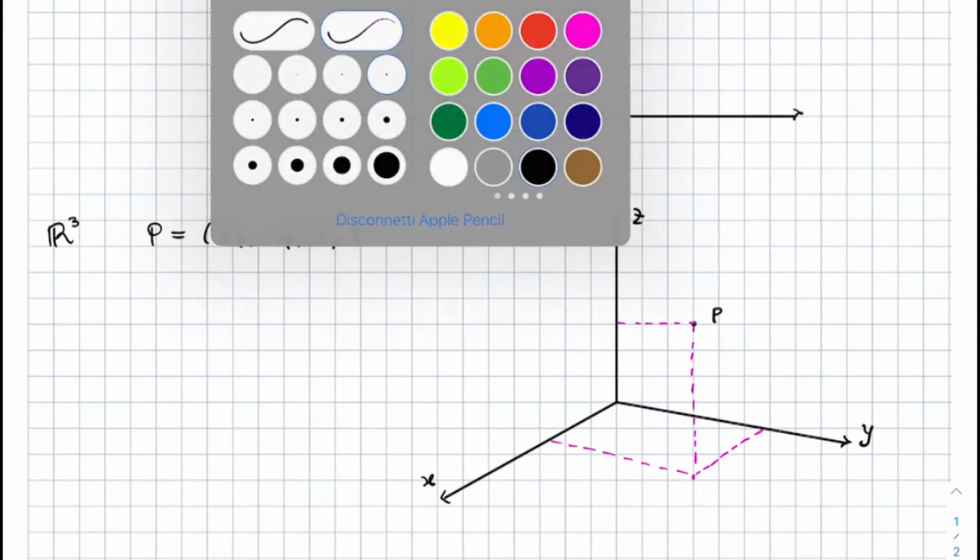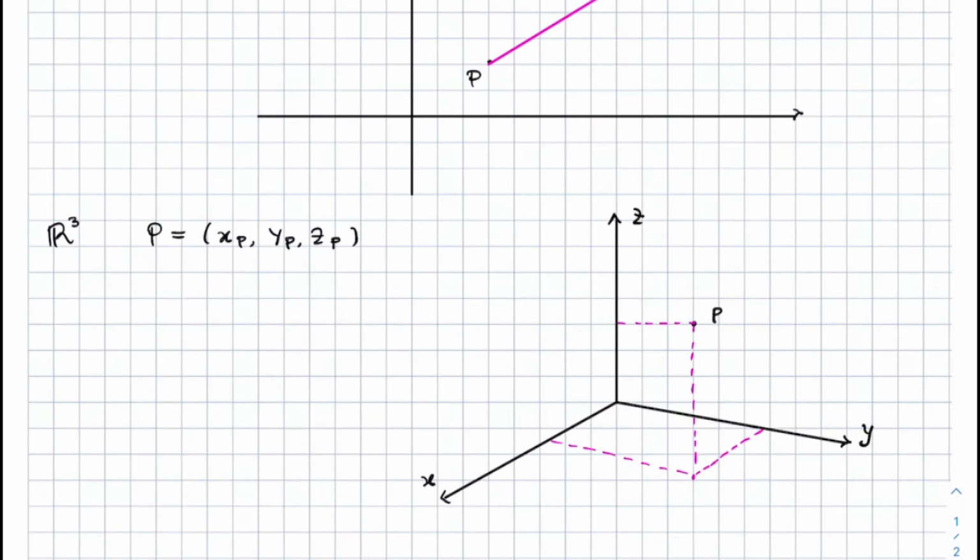For example, a point in R3 might be the point 1, 1, 1, which just means that it has x, y, and z coordinates equal to 1.